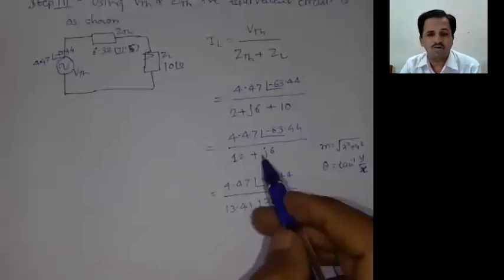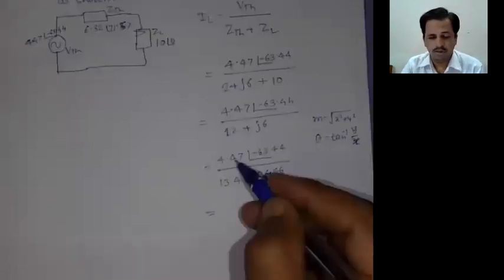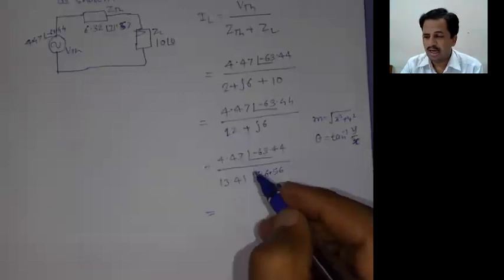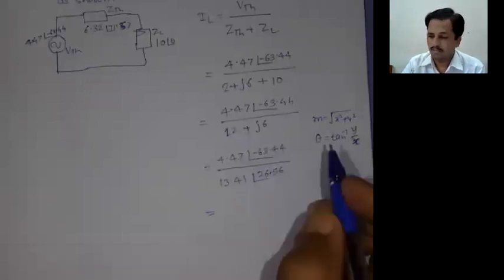Now here, as it is a positive sign, here also the positive sign. In the division of these two quantities, this angle is subtracted from this.